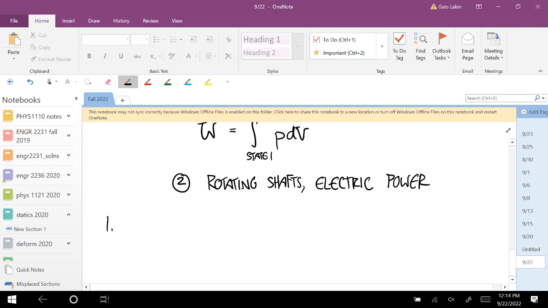And then the second thing we talked about after the introduction was the first law of thermodynamics for closed systems.